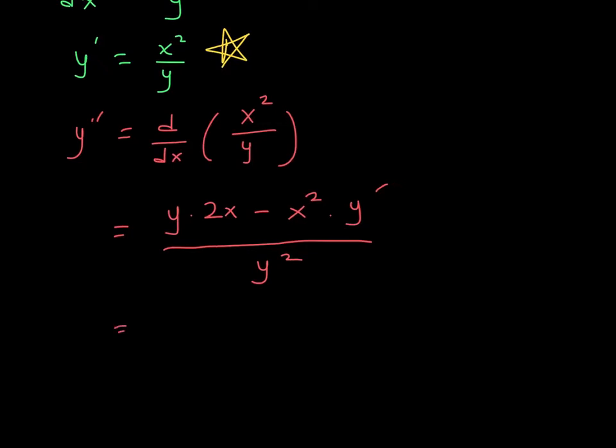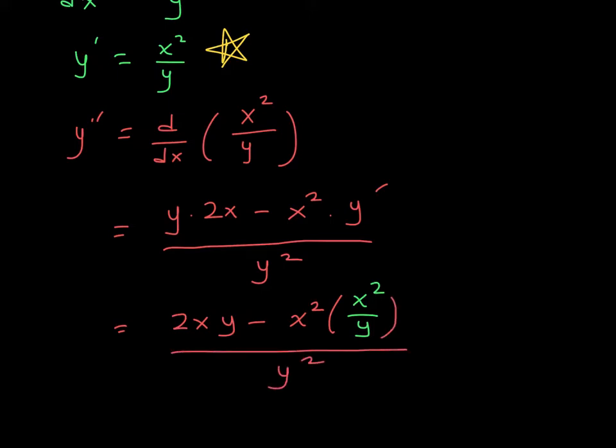So then this is 2xy minus x squared times y prime, but y prime is x squared over y, so I'll make that substitution. x squared over y, all over y squared.